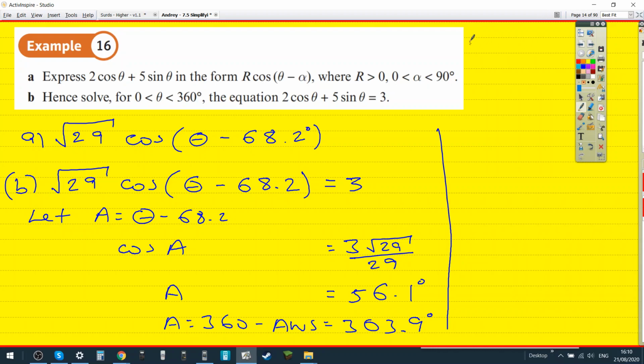Let me check something here. The question tells us that theta is between 0 and 360.